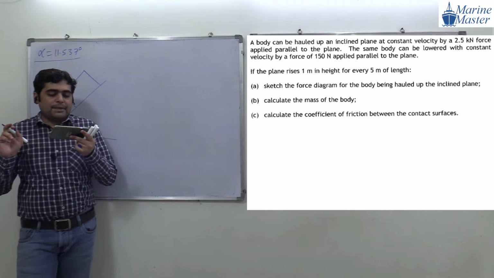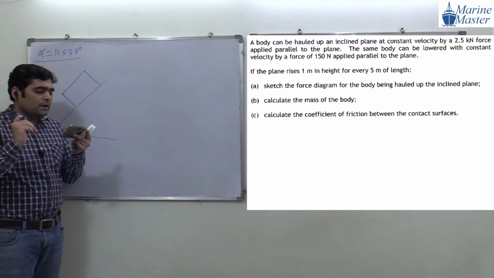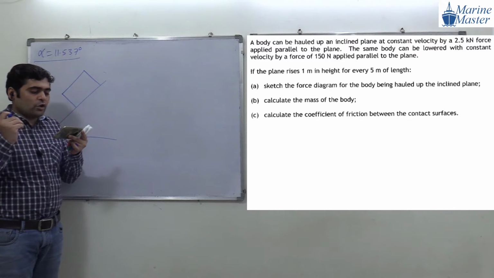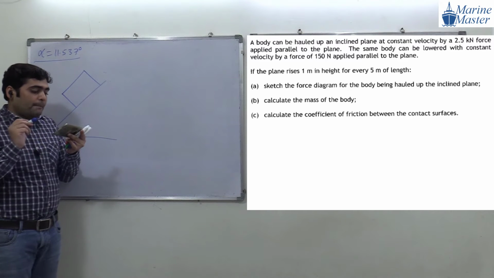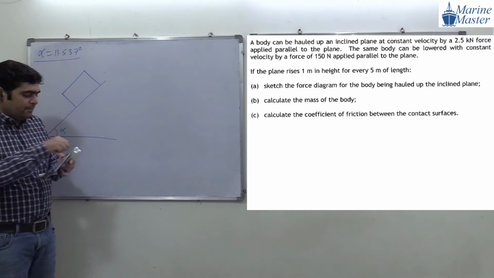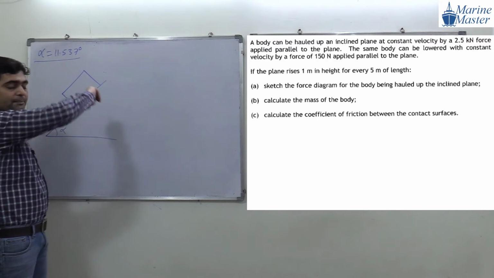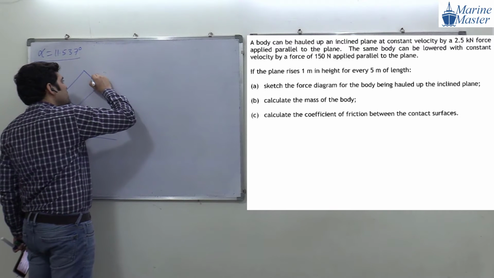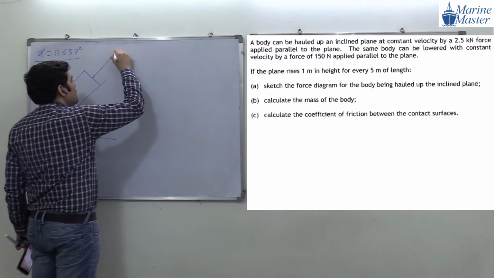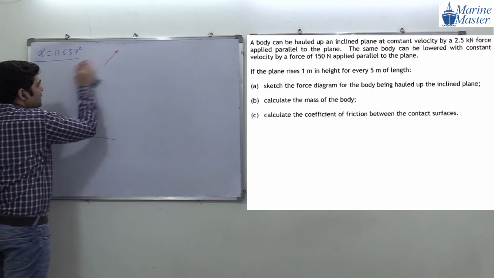A body can be hauled up on an inclined plane at a constant velocity by a 2.5 kilonewton force applied parallel to the plane. So here we are applying one force, which is parallel to the plane. This is the force we are applying. Very huge angle.